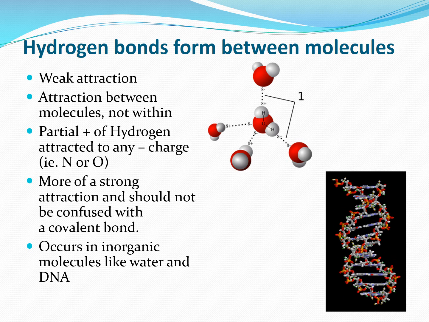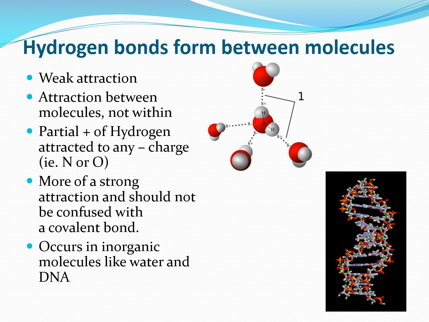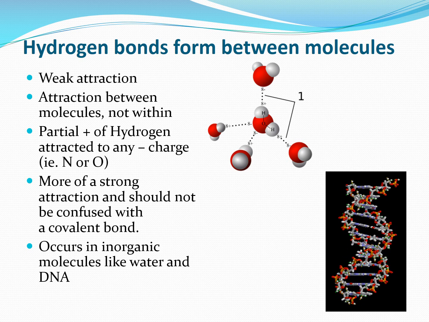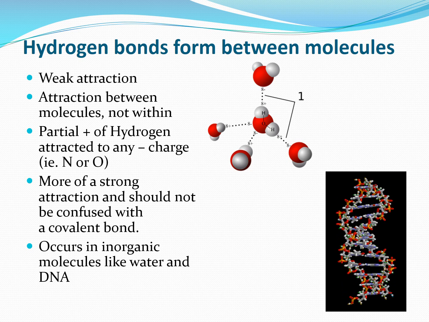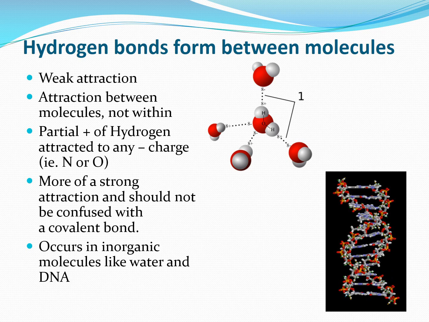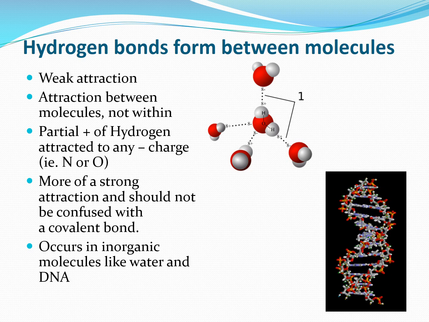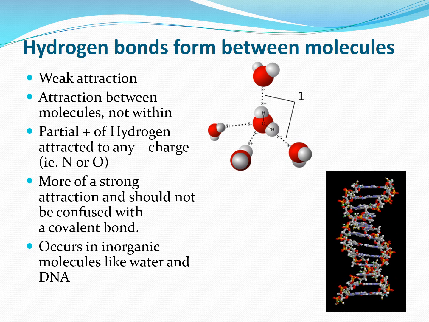It's not like ionic or covalent bonds. It's more based on the way that the electrons sort of revolve and form these semi-positive and semi-negative charges. So in this case, you're seeing the oxygens have a semi-negative charge and the hydrogens have a semi-positive charge, and they link up and form these long chains, and that's hydrogen bonding.